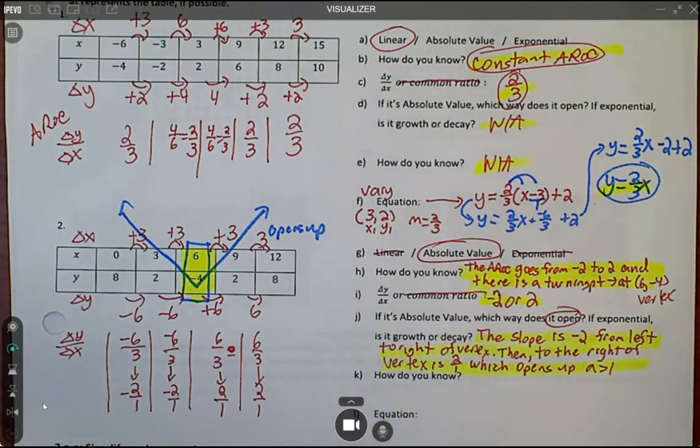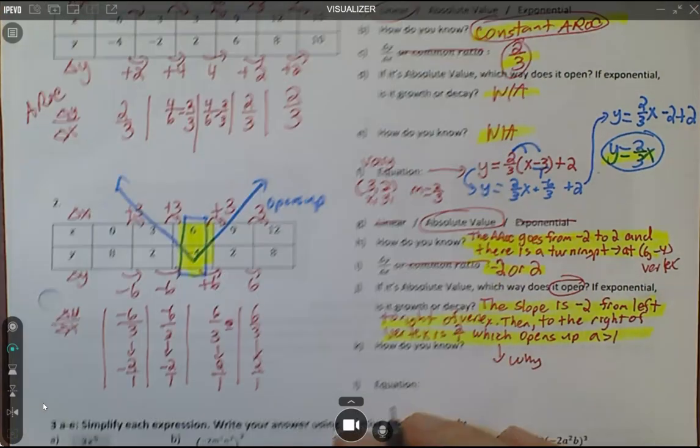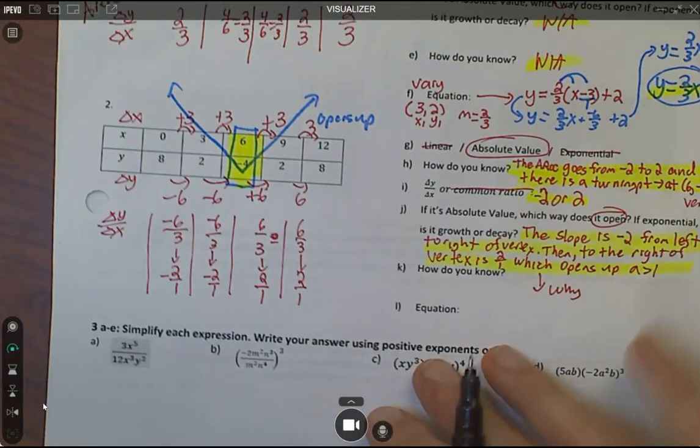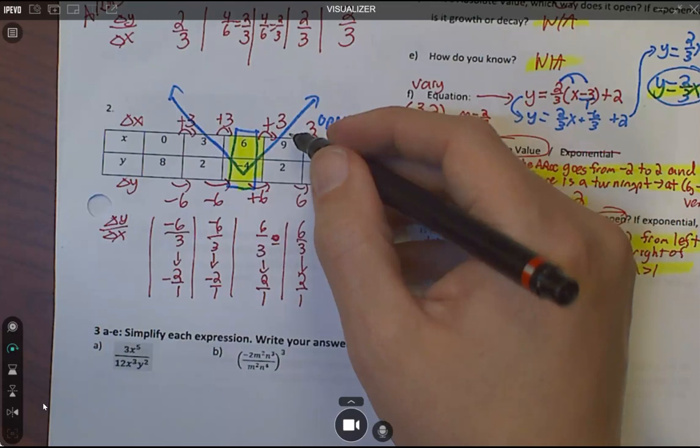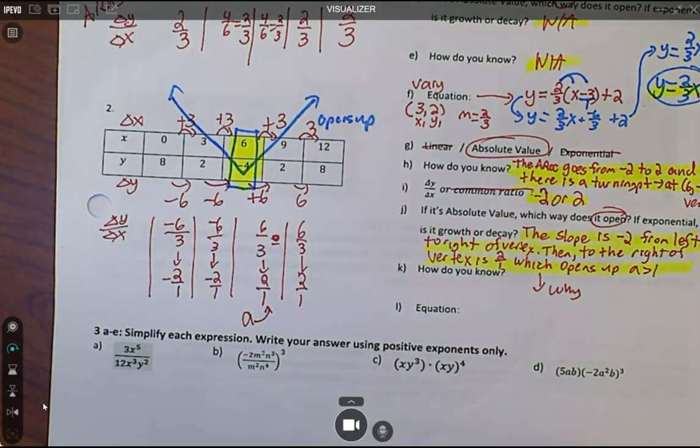I meant to put that here. Okay, the equation. A is the change in y over x to the right of the vertex.